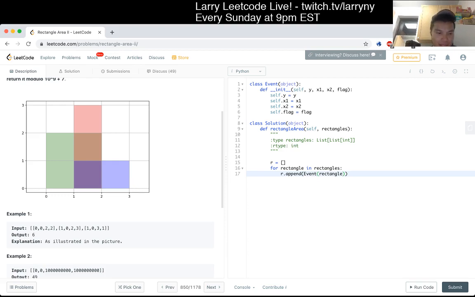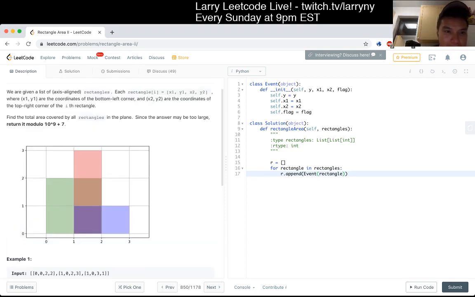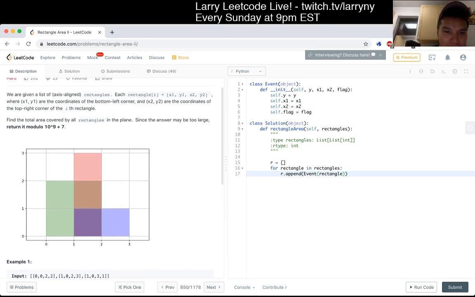So what is that? Bottom left. So this is bottom left. So that means Y2 is always higher than Y1. Okay. So this is the Y, and it spans.